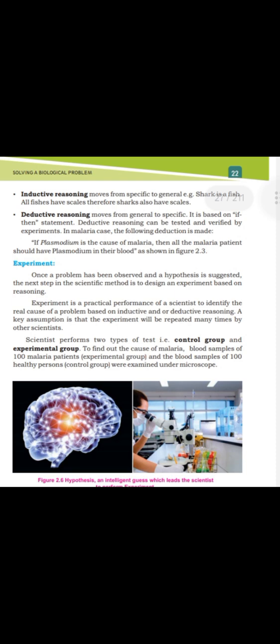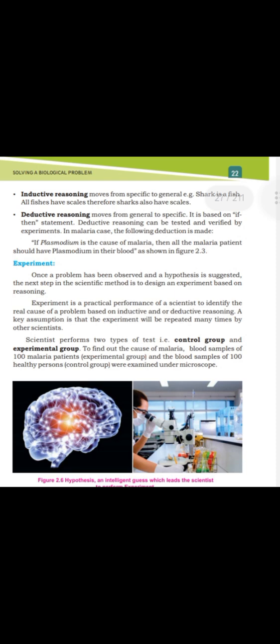In case of malaria, how was the experiment performed? The scientists performed two tests, two groups. One is known as control, which contains the healthy persons, and the other experimental group which contains the malarial patients.